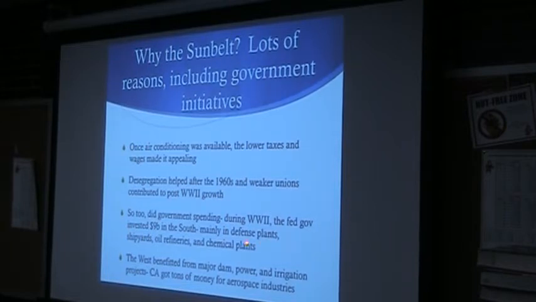And so they built defense plants there, shipyards, oil refineries, chemical plants. This was government spending that stimulated development. Out west, they built major dam and power irrigation projects, aerospace industries. And so think about how the government's role and the government's investment in an area can help development.